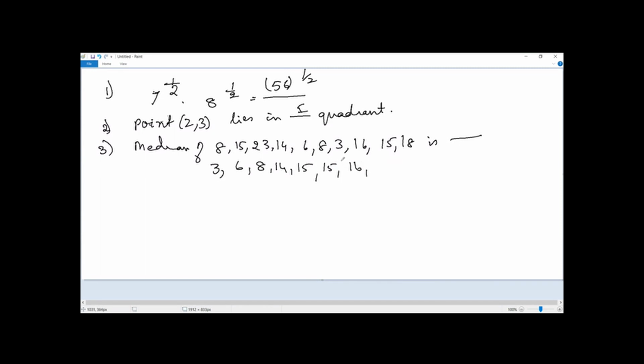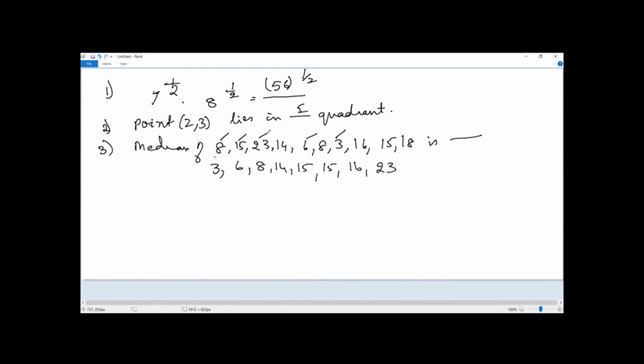Then 18, 23. I have written 3, 6, 8, 15.